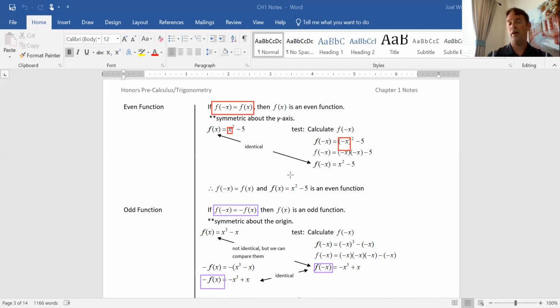So what we're going to do here for a second is spend a little time before we move on and figure out, how do we algebraically determine if a function is even or if it is odd? So let's say I give you the function f of x is x to the 4th plus x squared.